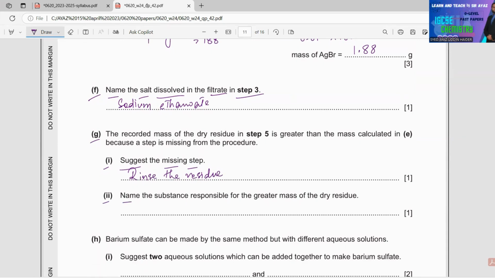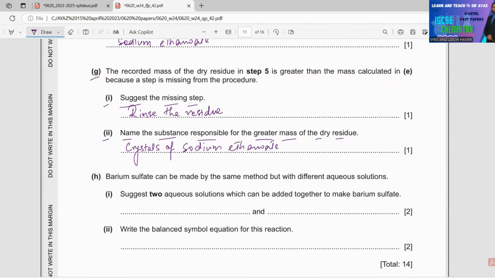Number 2, name the substance responsible for the greater mass of the dry residue. Definitely, it's crystals of sodium ethanoate, which can be washed away by rinsing this residue.